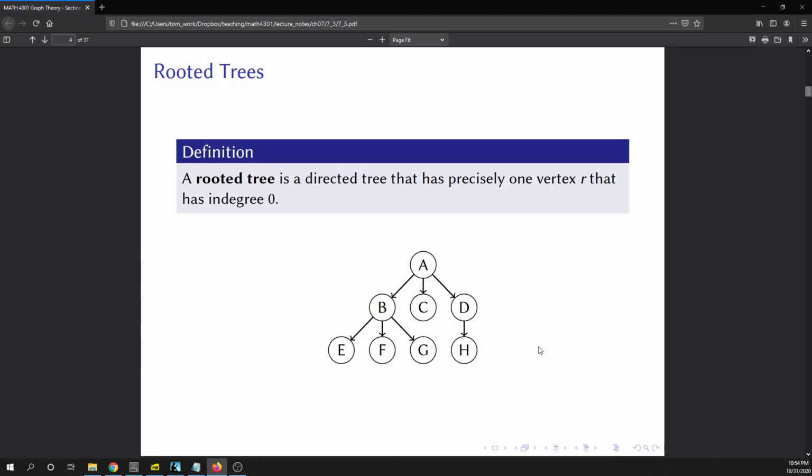The edges are directed, and there's exactly one vertex that has in degree 0, and that would be this vertex here, A. There are no edges that point into that. Every other vertex has at least in degree 1 here. And this is a tree in the sense that we talked about previously. Connected, no cycles. All right, that vertex is called the root of the tree.